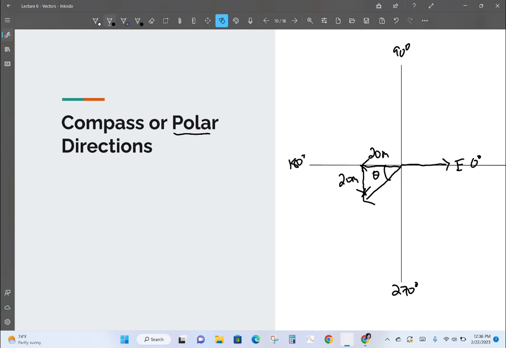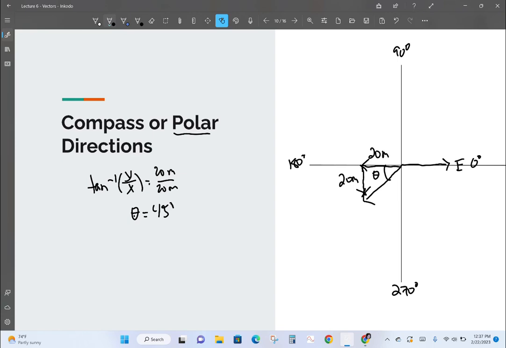If I do want to find that angle, I'm just going to take tan to the -1 of y over x, and the y variable is 20 meters, and the x variable is 20 meters. And if I take tan -1 of that, I should get 45 degrees.